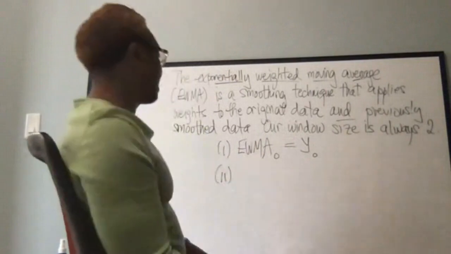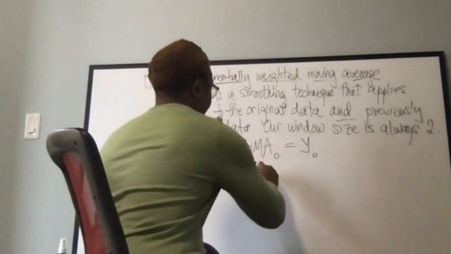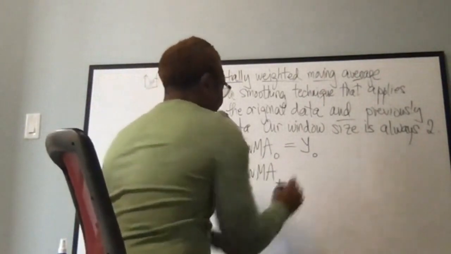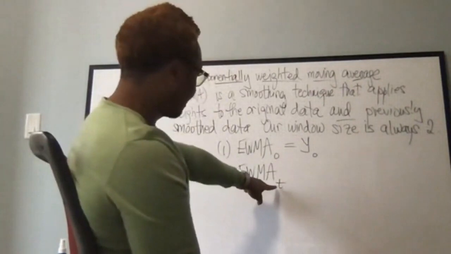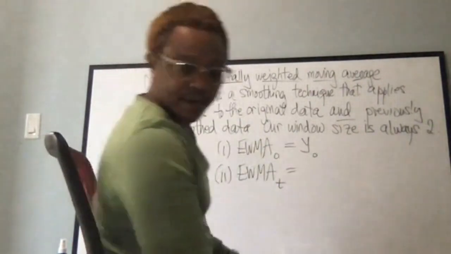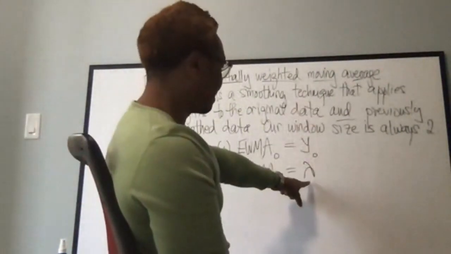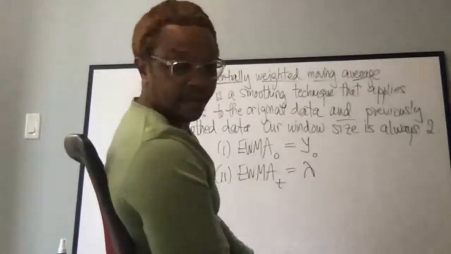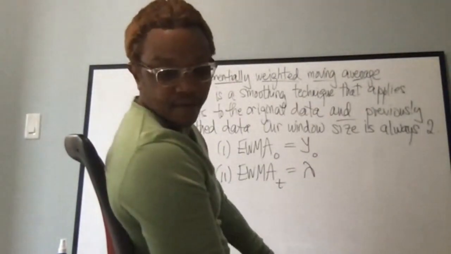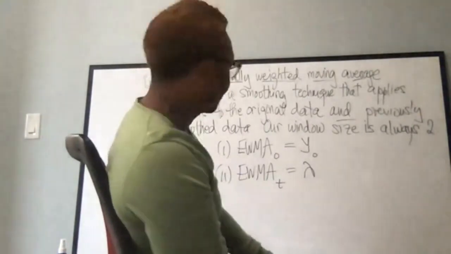The second part of the algorithm looks like this. EWMA with a little t right here, and I'll explain that in a second, equals, all right, here we go. This is a Greek letter called lambda. Look on page 505, they may draw it a little better.